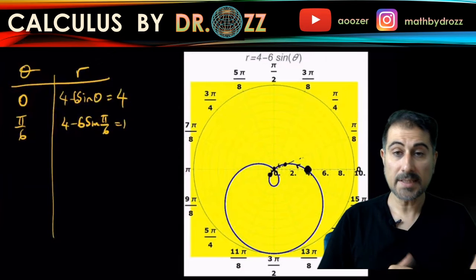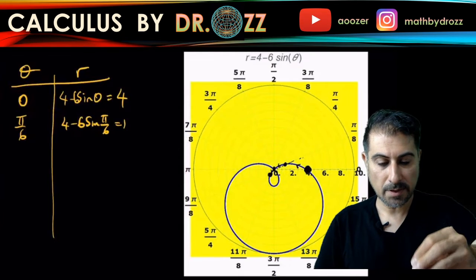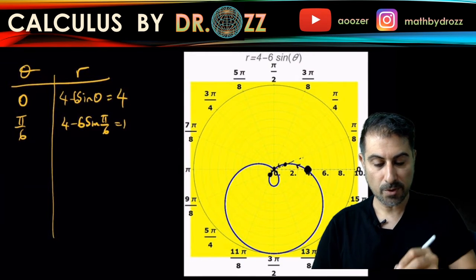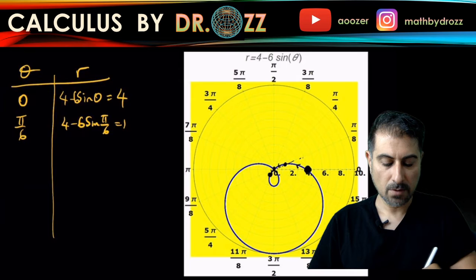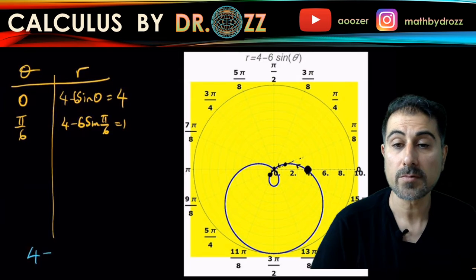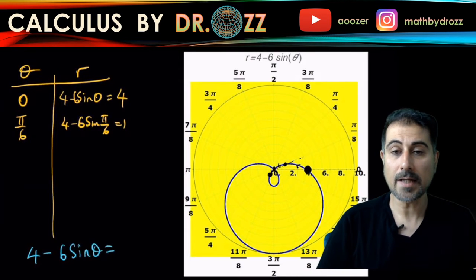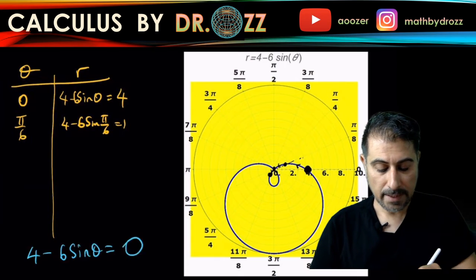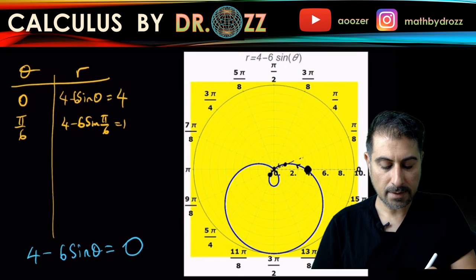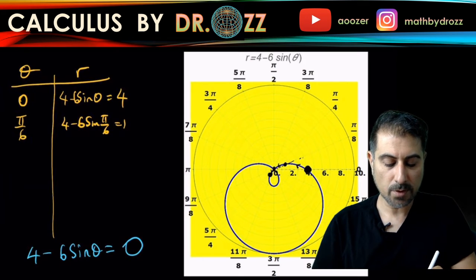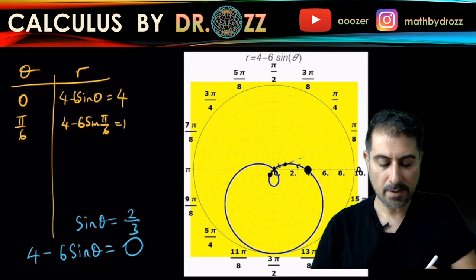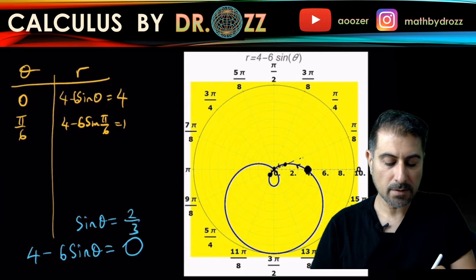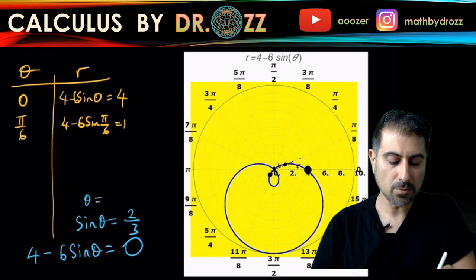To see that, we should find for which theta r hits 0. So you have to solve 4 minus 6 sine theta equals 0. That implies that sine theta equals 2 over 3, and theta out of this is arc sine 2 over 3.